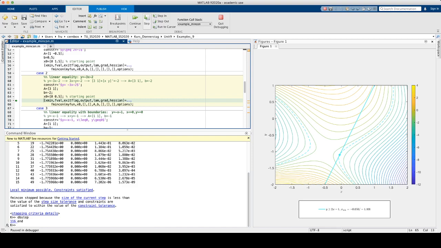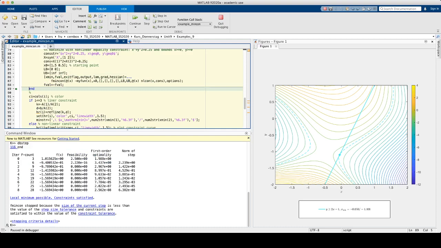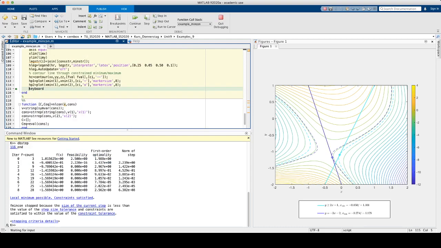So let me step to the graphical representation. Here we see the solution, and let me step directly to line 115. And on the right hand side in figure 1, we now see the second line in dark blue.